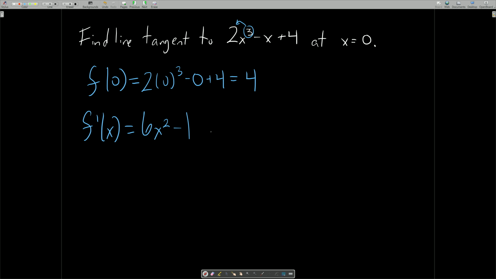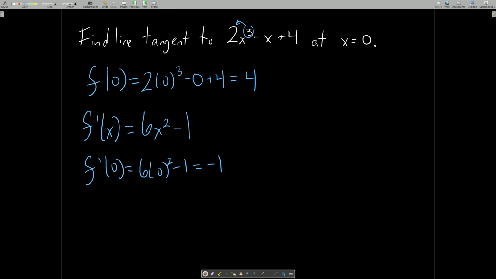So you have 6x squared minus 1. Now let's find f prime of 0 by plugging 0 into the function that we found. That's 0 minus 1, you get negative 1.